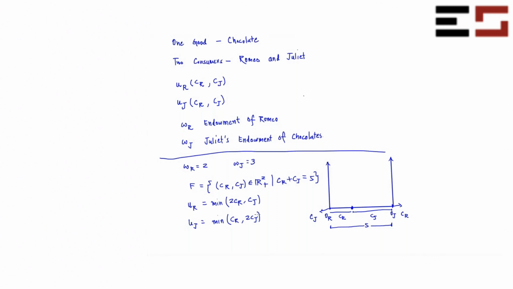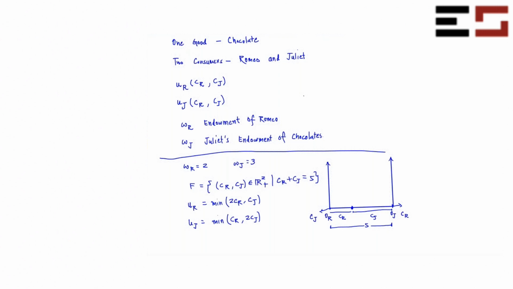What we are interested in is the Pareto efficient allocations. If you remember, a feasible allocation is Pareto efficient if there is no feasible way in which you can make one consumer better off without making the other consumer worse off. Feasibility is already there in this definition. When we talk about Pareto efficiency, we are comparing one feasible allocation with another feasible allocation to determine which is Pareto superior.